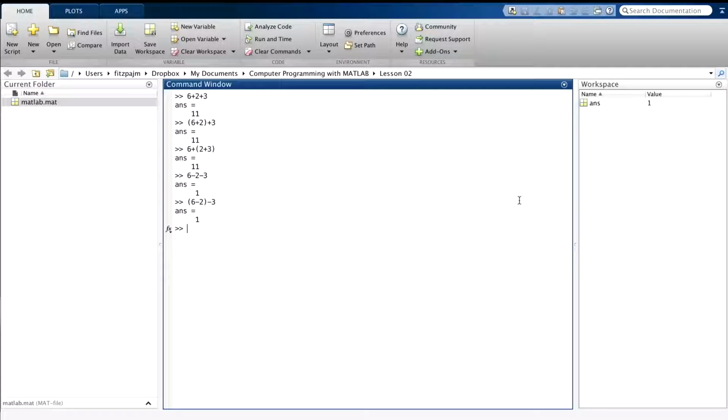The 6 minus 2 goes first, because MATLAB always evaluates from left to right when the operators have the same precedence. If we force right to left order with parentheses like this, the result is different. So subtraction is not an associative operation.